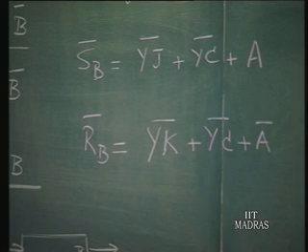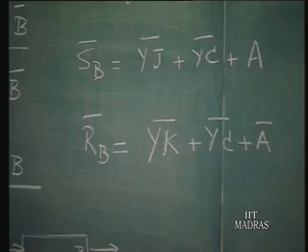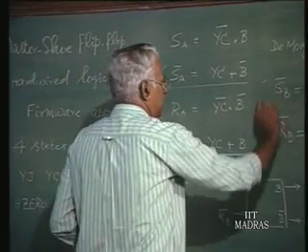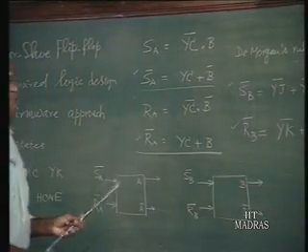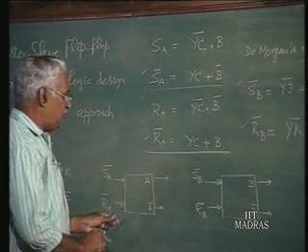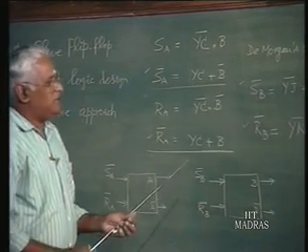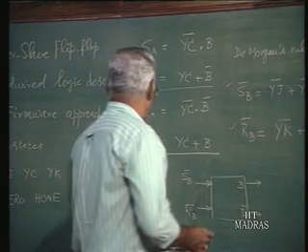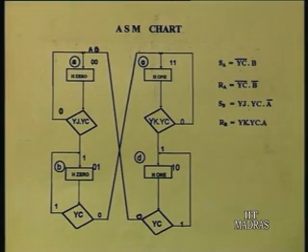So, now we have these four equations: S A bar, R A bar, and S B bar, R B bar. Now, making use of these two memory elements, let us try and draw the whole logic circuit diagram.